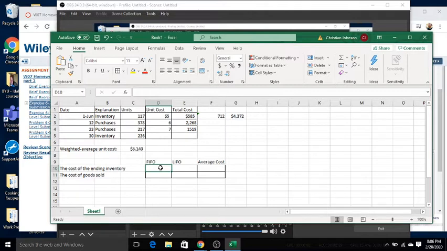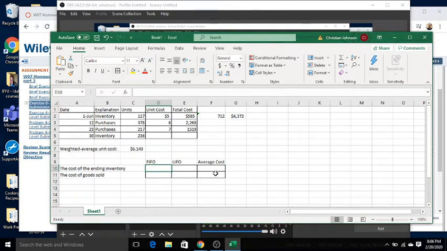We know that the total units for June 30th are 236 units. So we start by multiplying 217 units by $7.